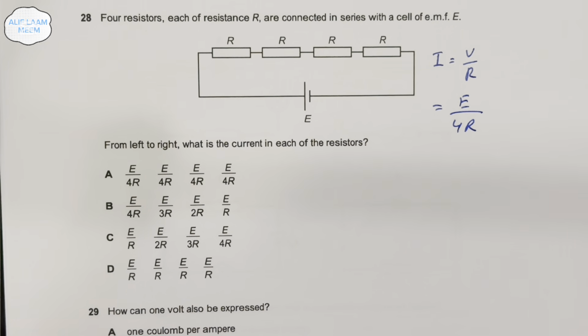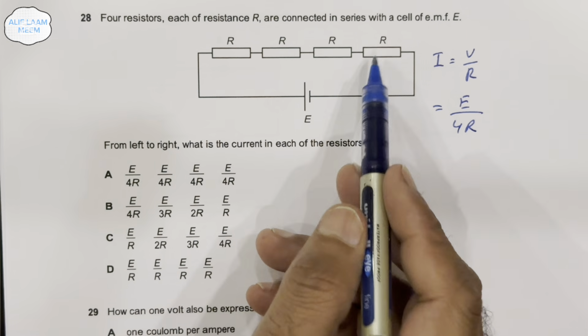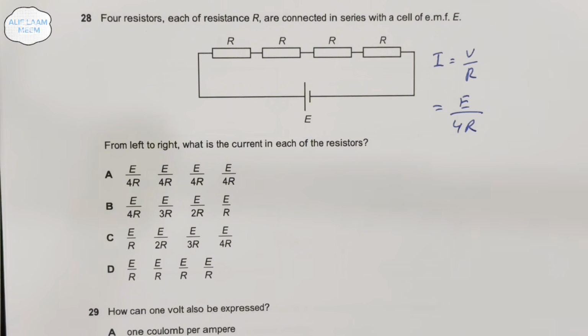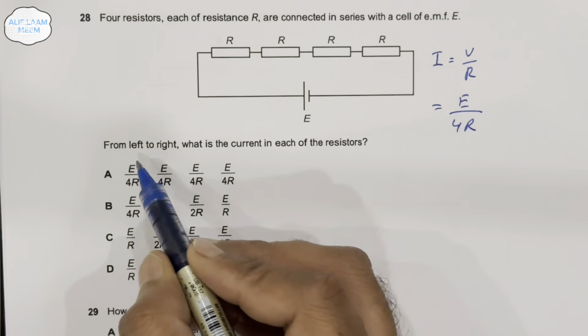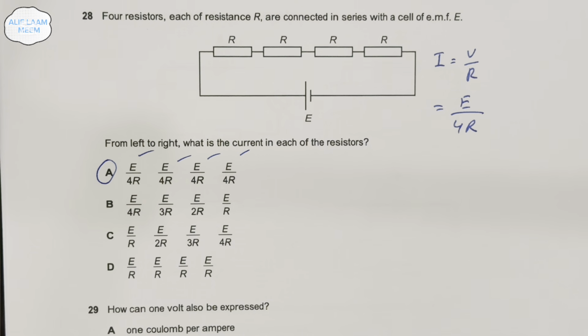So our answer would be E over 4R, and for each resistor the current would be the same, E by 4R, E by 4R, E by 4R. So that is the right answer. Option number A is carrying all those answers, so option A is right.